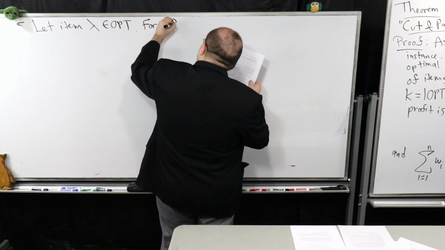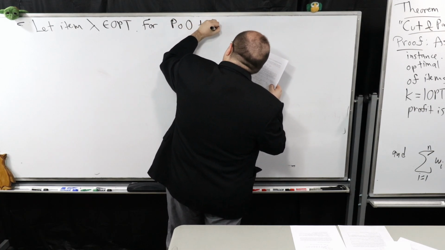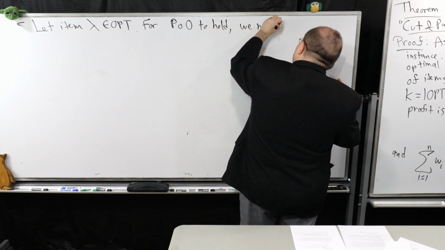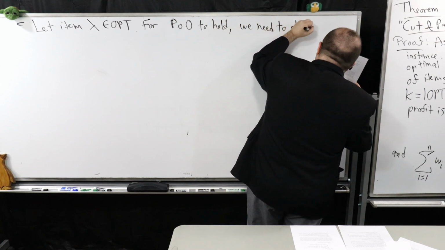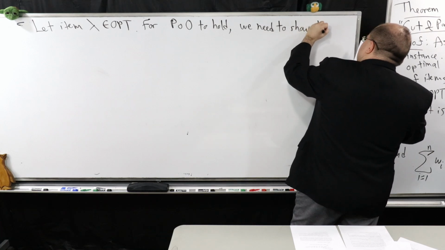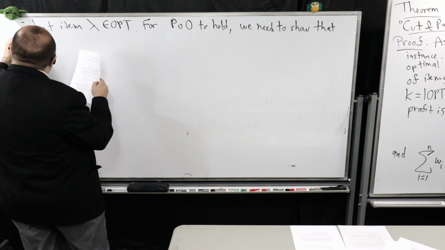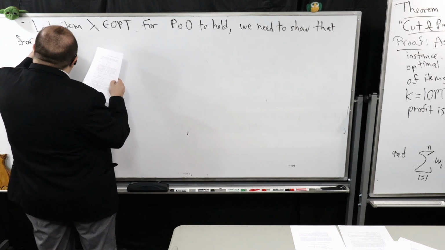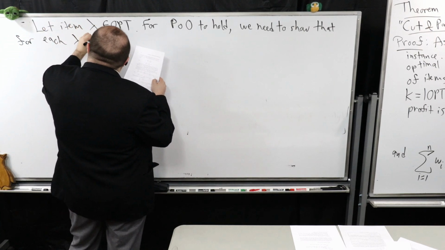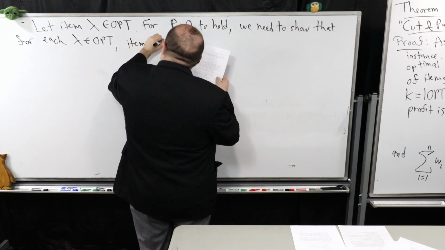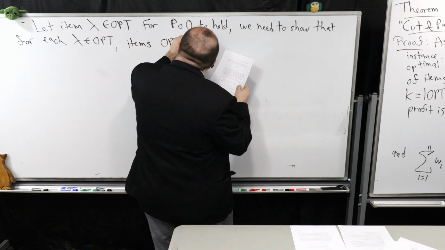For the principle of optimality to hold, we need to show that for each lambda in opt, items opt where I remove lambda.